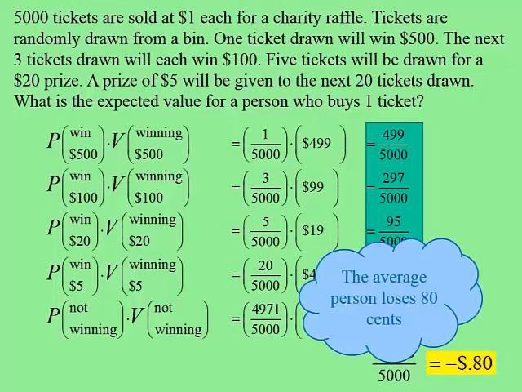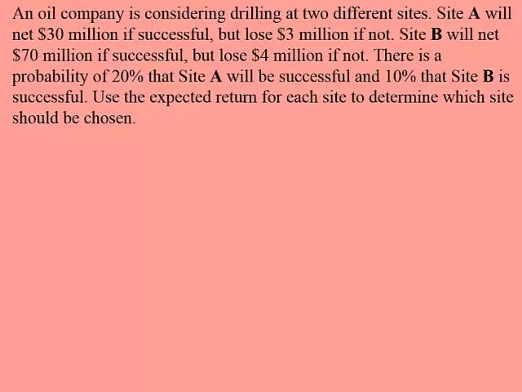The final problem looks like this. This is a more realistic business type scenario. We've got a company that's thinking about drilling at 2 different sites. There's some costs involved, and there's some success involved, and there's probabilities involved.